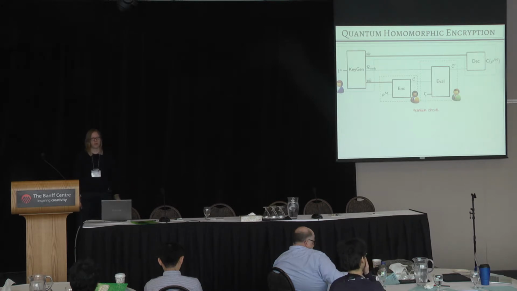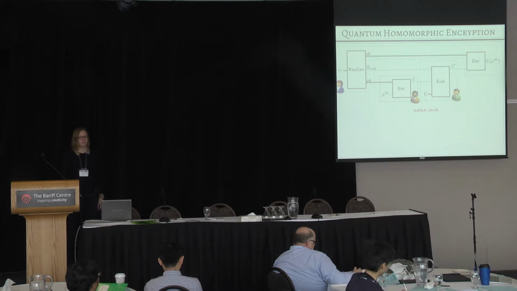But we can, of course, describe this as a classical string. And then we want that when Alice decrypts the output of eval, what she gets is the quantum state resulting from applying the quantum circuit C to the original quantum message rho M.